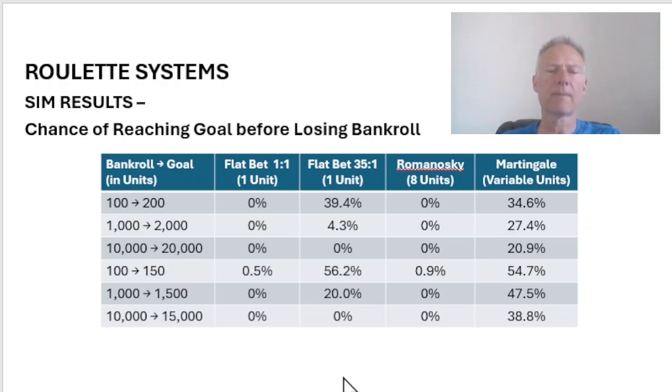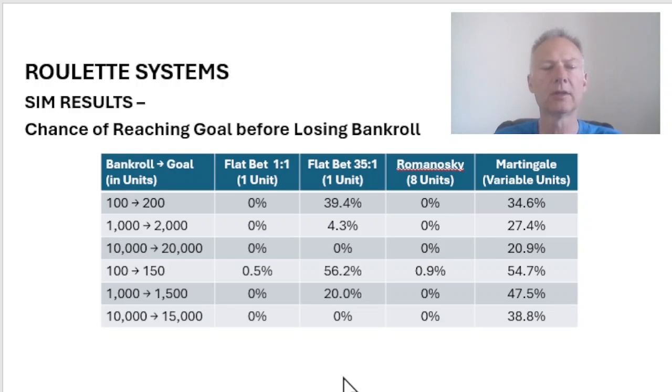So in summary, there are systems that can manipulate your chance of winning. For example, Romanoski, you have a large chance of winning a small amount, but you still have a small chance of losing a large amount. You cannot overcome the house advantage. In the Martingale, you're chasing losses to try to always get a 1-unit win at the end of a particular dip when you finally win. After every win, you're up 1 unit in Martingale.